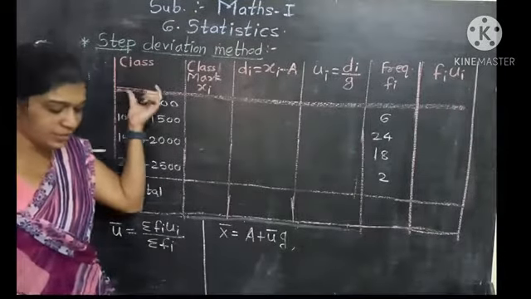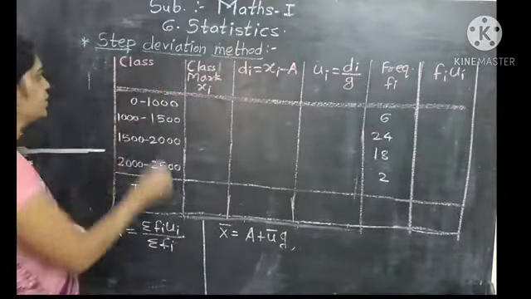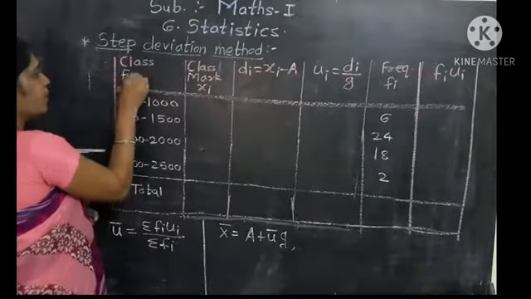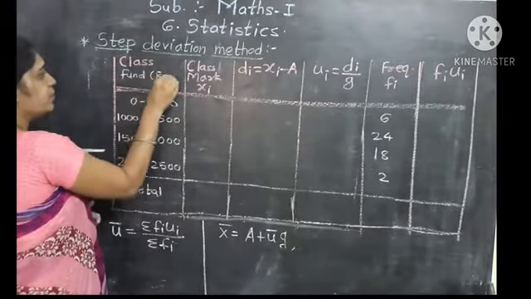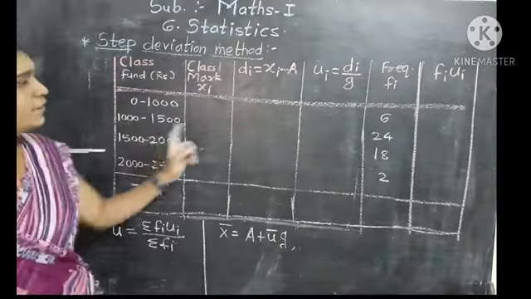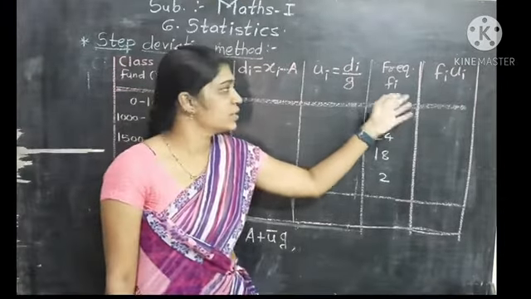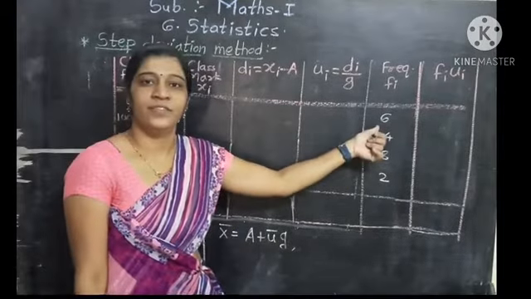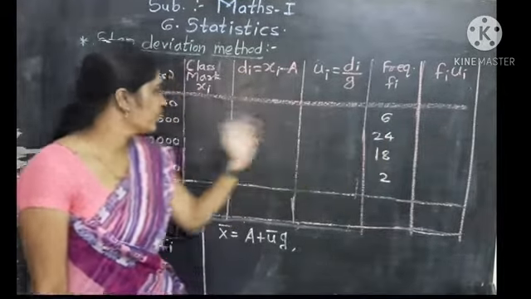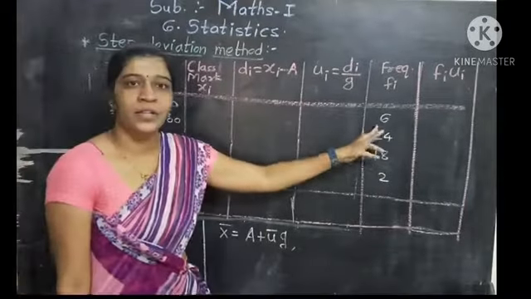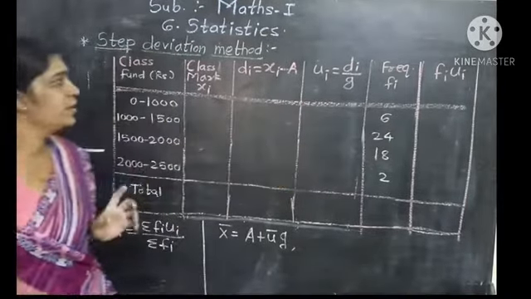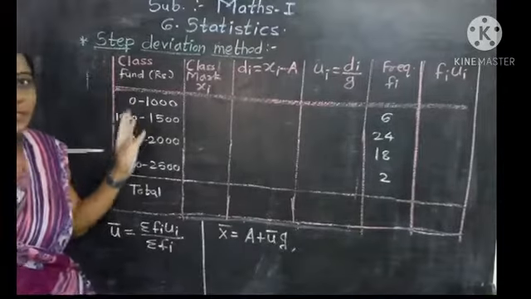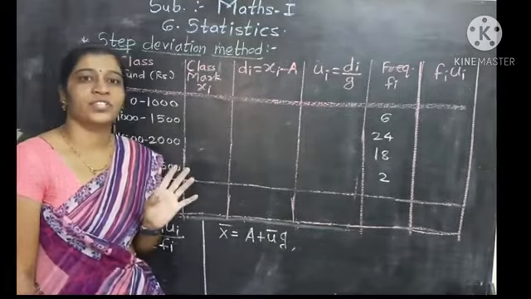First write the funds in rupees. This is funds in rupees, the class. And frequency means here the number of students. How many children gave this many rupees for the flood situation is given. These two columns are given in the example, we write them. First, step deviation method to answer this question.